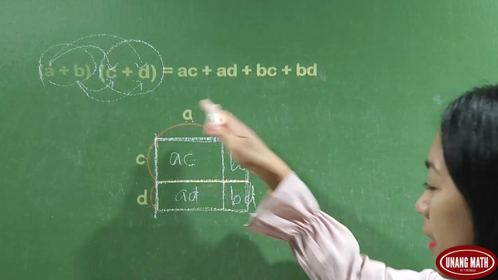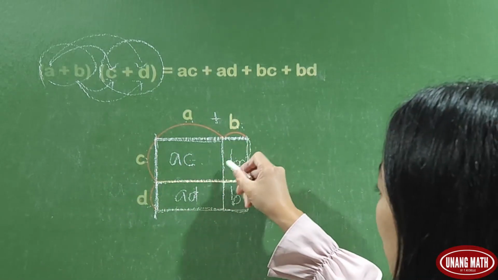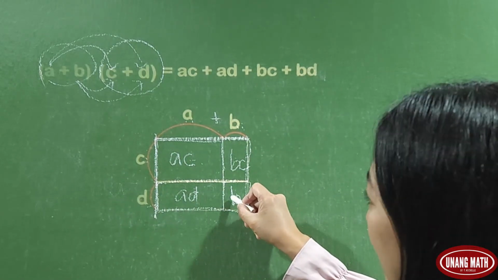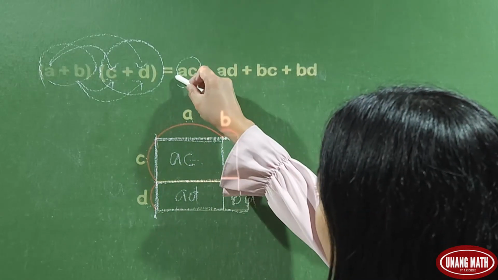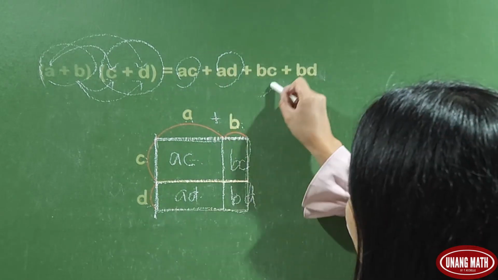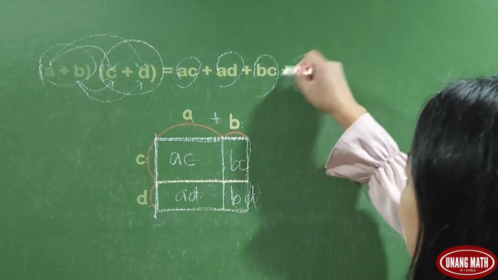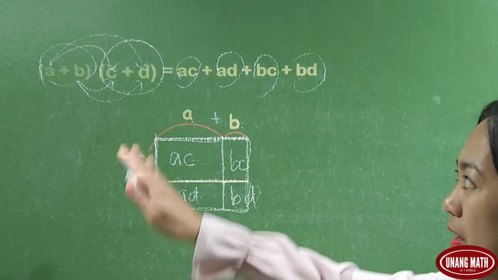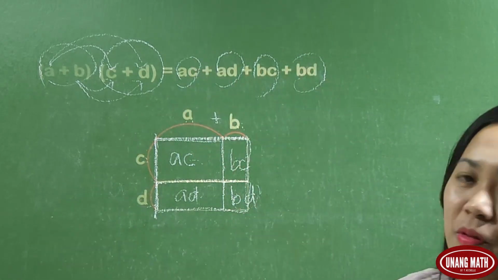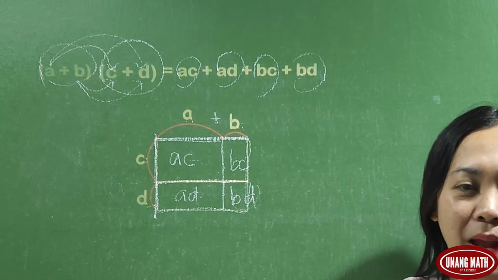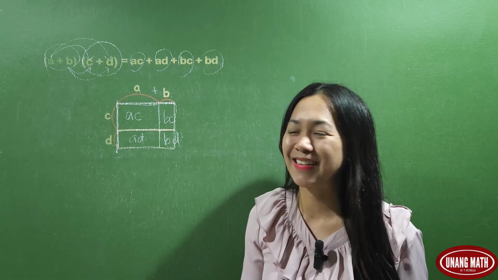To find the total area of this rectangle, we have to add all these areas. So here we have ac, ad, bc, and bd. So we are going to use the distributive property in multiplying polynomials.